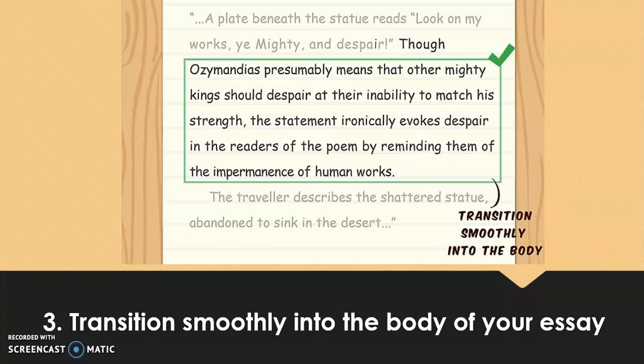To figure out if you need a transition sentence, read the introduction and the first paragraph out loud. If you find yourself pausing or stumbling between the paragraphs, work in a transition to make the move smoother. You can also have friends or family members read your essay. If they feel it jumps from the introduction into the essay, see what you can do to smooth it out.